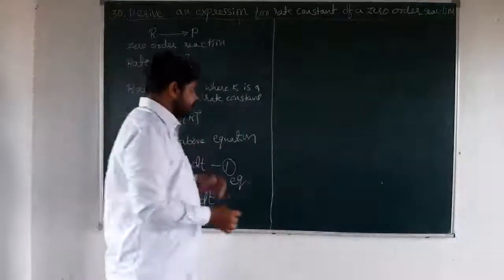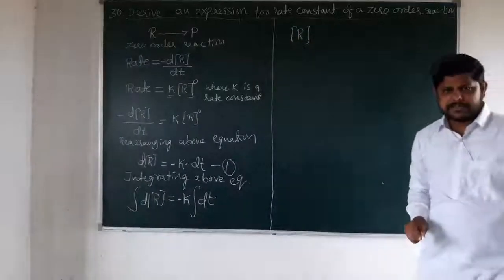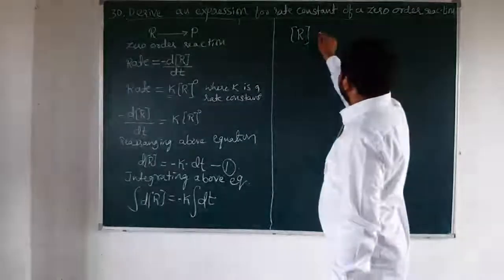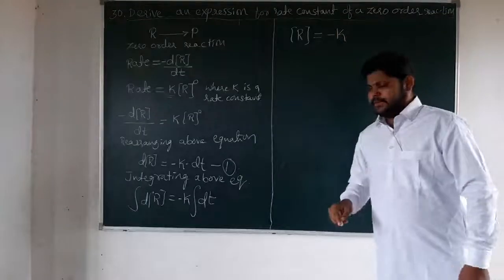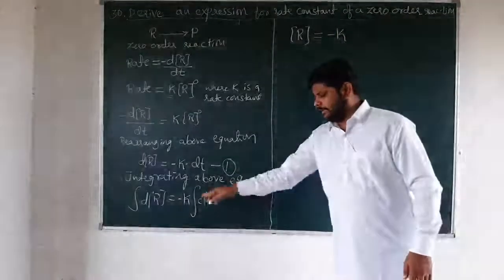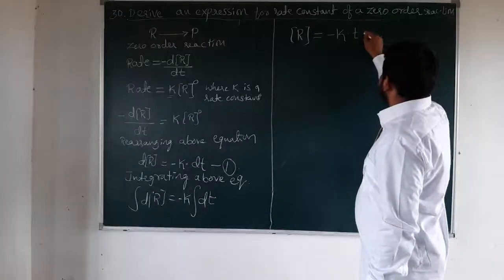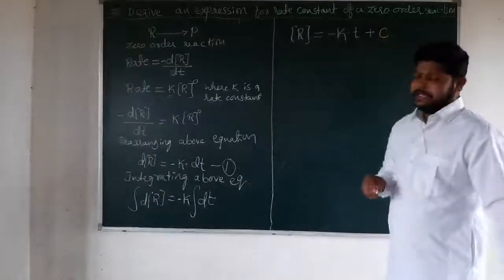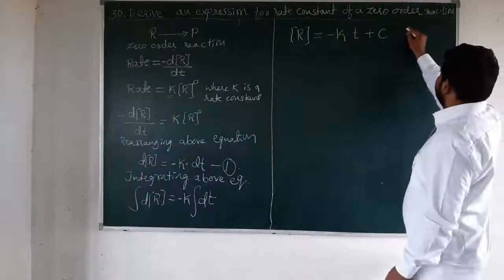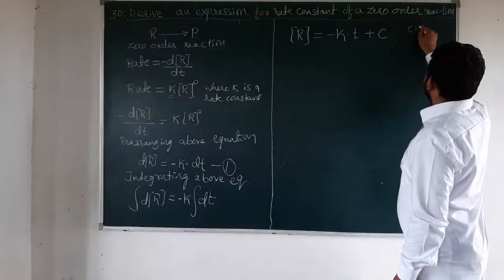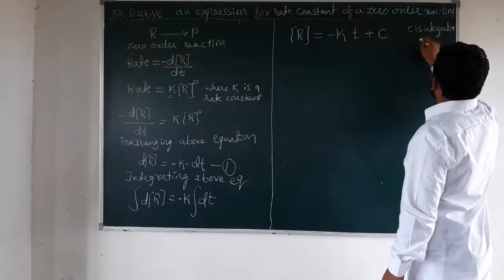The integration of d[R] is [R], equal to minus k, we cannot integrate a constant number, so k itself, times the integration of dt, which is t, plus a constant number C. This C is called the integration constant.